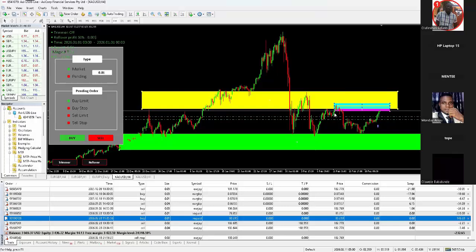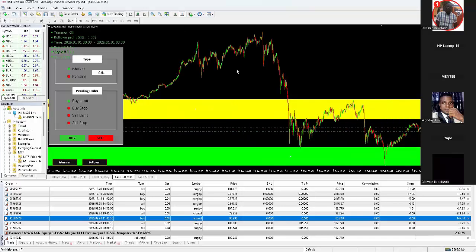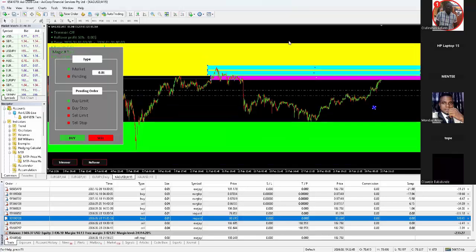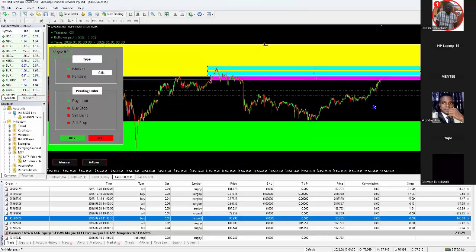We agreed that our H4 and 1 hour everything align. So definitely we may not change all these ones because they don't have a separate zone. So you can now see that if you look at this yellow and this, they intersect here. So to make my decision now, I don't want a situation whereby I put my pending order somewhere here.